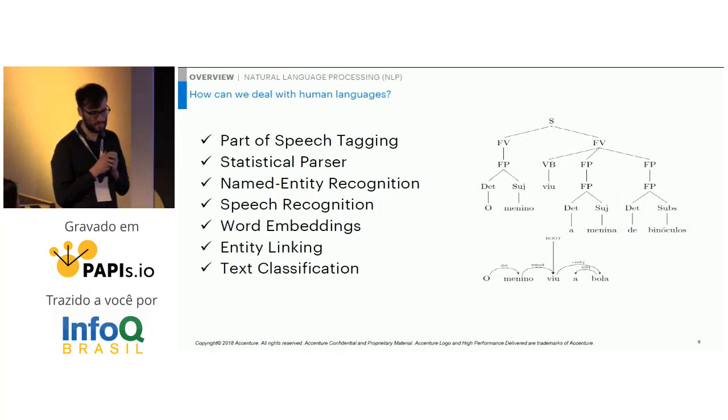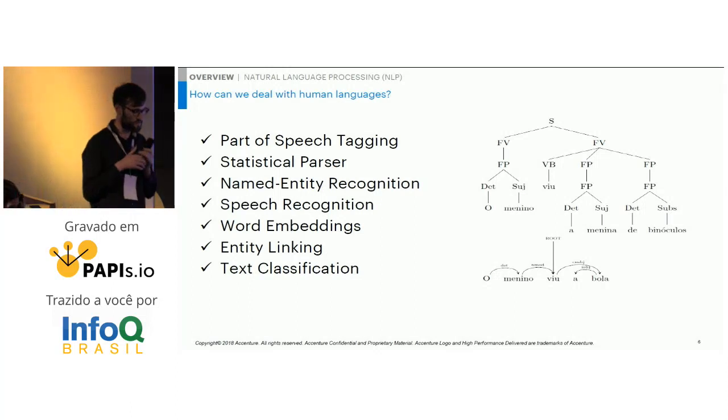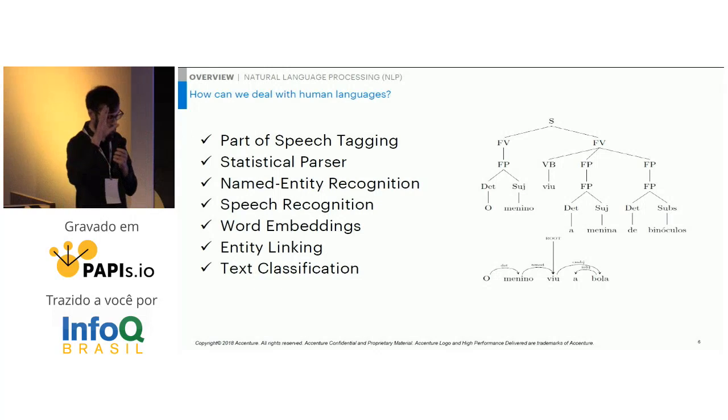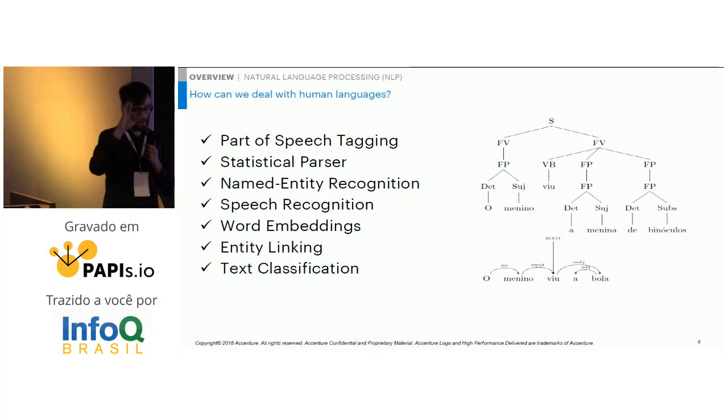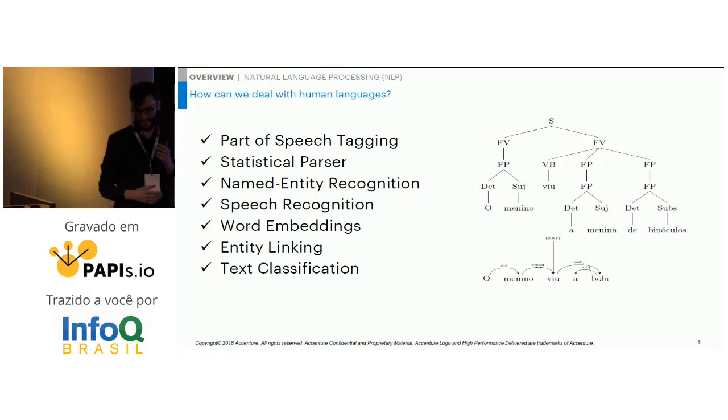Basically, because natural language has these characteristics, that is ambiguity and compositionality.